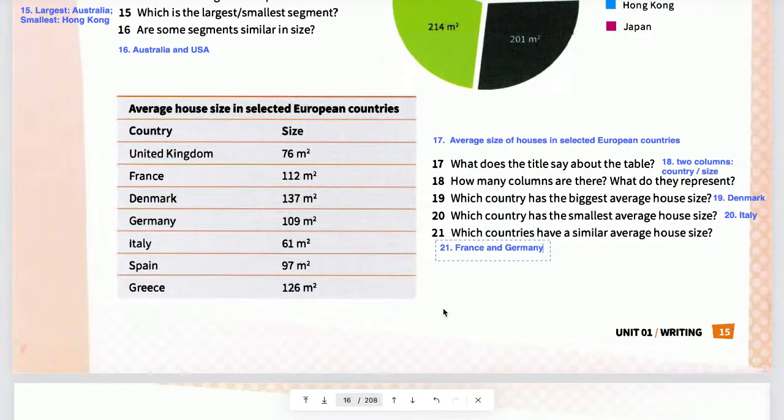Okay. Wait, before moving on, look at that. So now if they ask you to describe or to write about a table, what should you do? Can someone tell me that? Based on the guideline here, if they ask you to describe this table, what should you do?